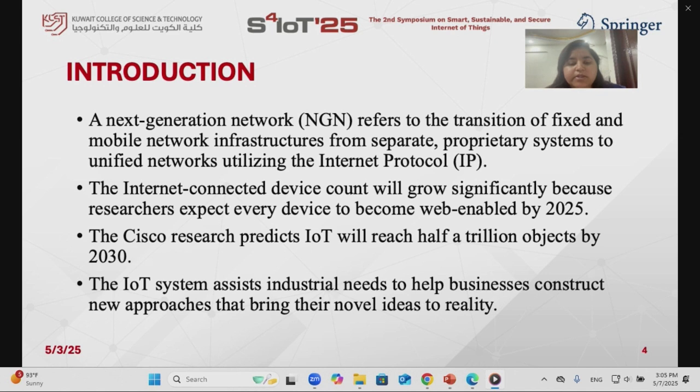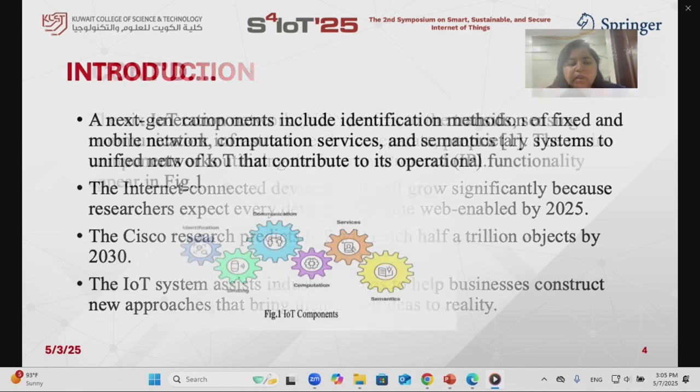The count of internet-connected devices will grow significantly, because researchers expect every device to become web enabled by 2025, and Cisco research predicts the IoT will reach half a trillion objects by 2030.